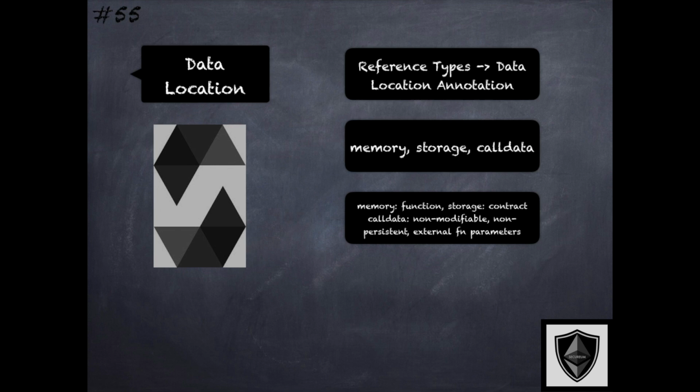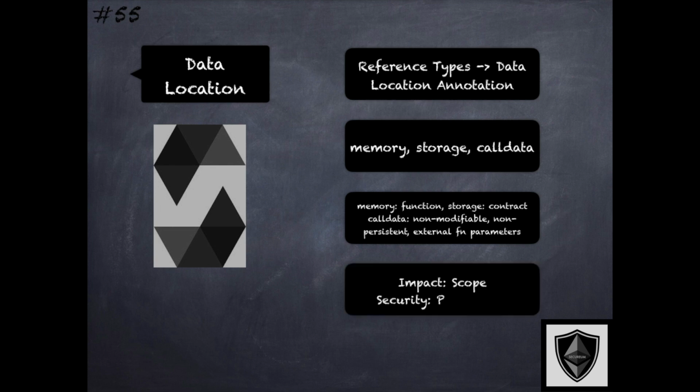This is required for parameters of external functions, but can also be used for other variables. And this data location annotation really impacts the scope of the variables that use this notation. And from a security perspective, this affects the persistence of those variables.